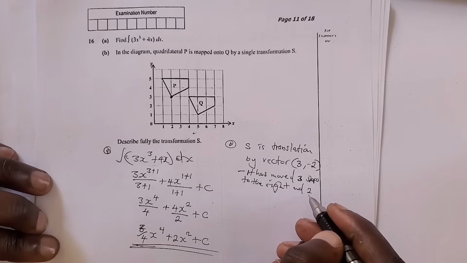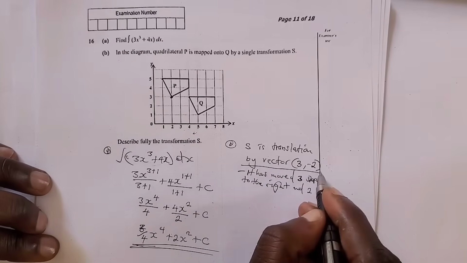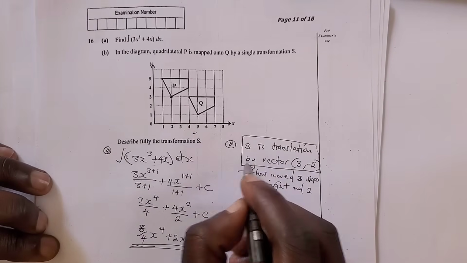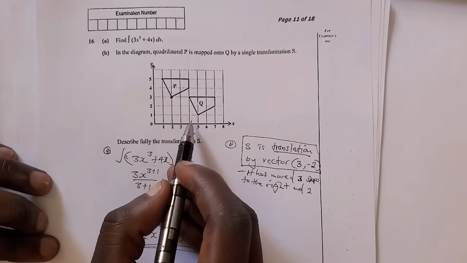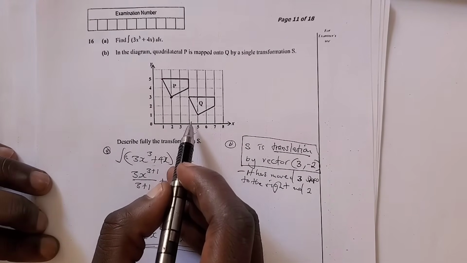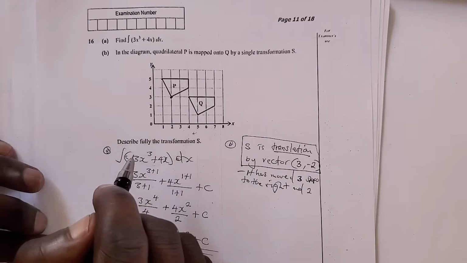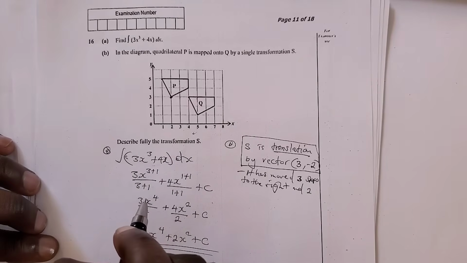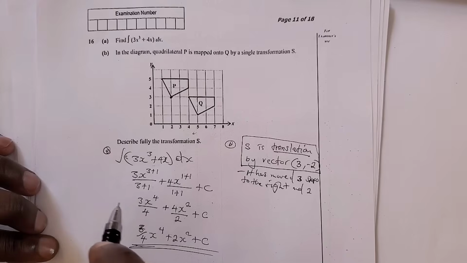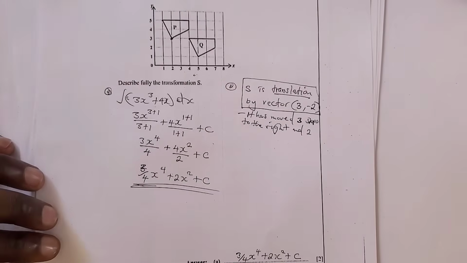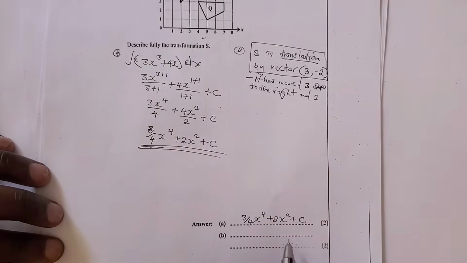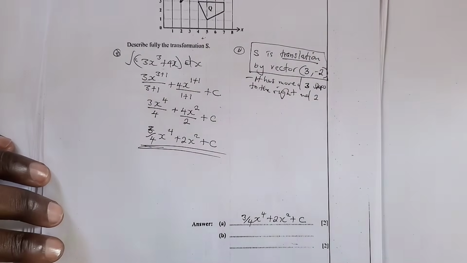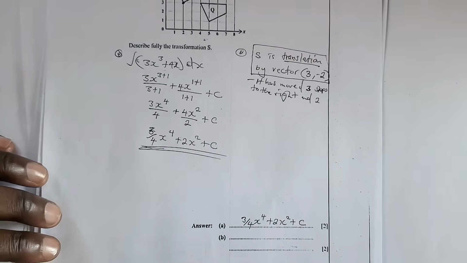Downwards means negative. So this is the answer. The first one is a translation vector. This is not rotation and this is not reflection. So you come and write your answer here. That's why you even have 2 lines. The first one: S is a translation by vector 3 comma negative 2.